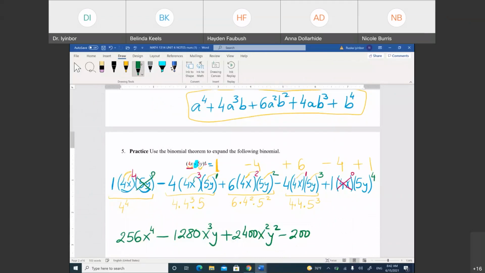And then we have x and y cubed. And then we have one more term, so it's going to be plus. In the last term, the numbers we need to do is 1 times 5 to the 4. So I just need to do 5 to the 4. So let's see what is 5 to the 4.